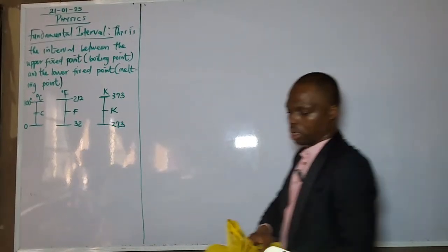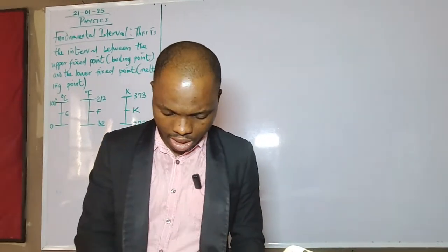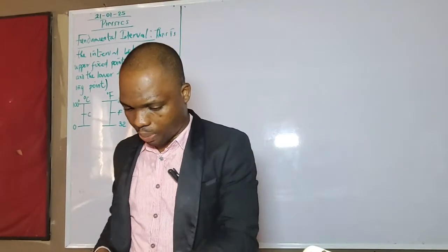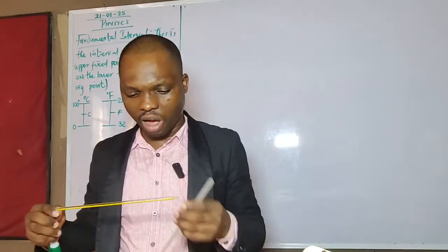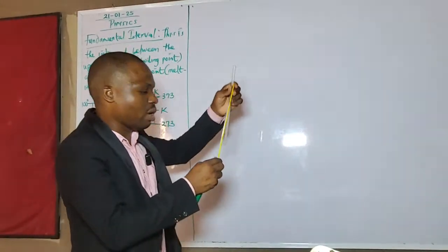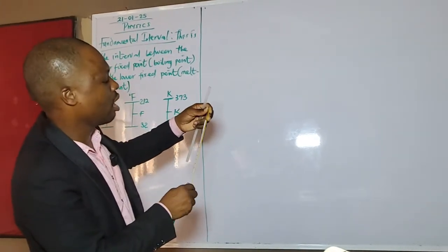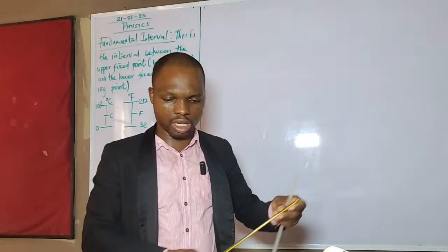Now, every thermometer has an upper fixed point and a lower fixed point. For this thermometer, the lower fixed point is here and the upper fixed point is here.